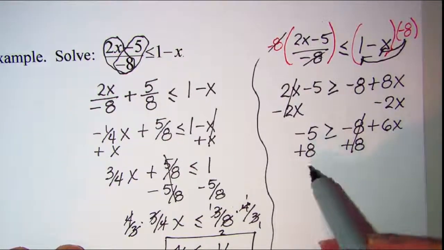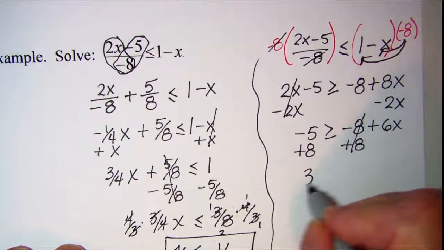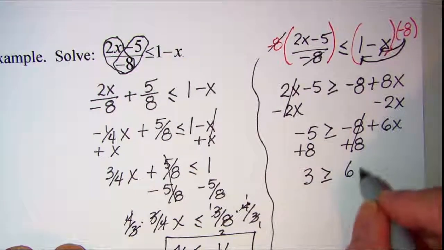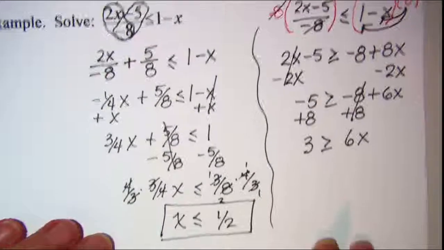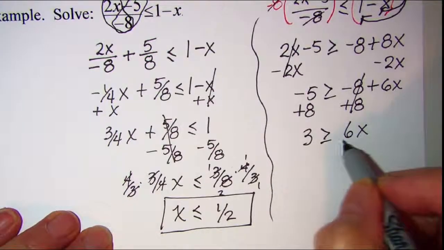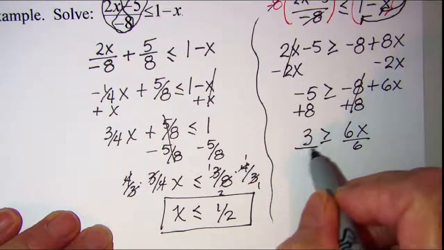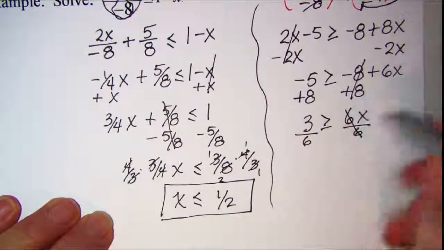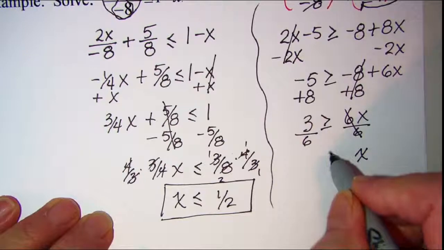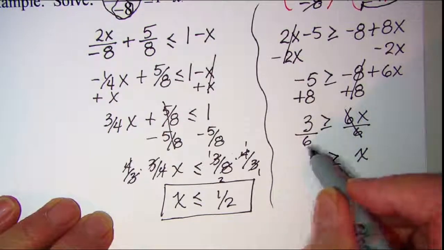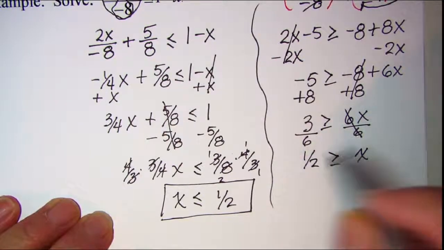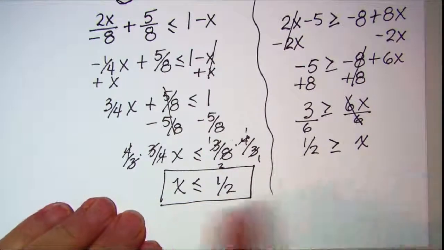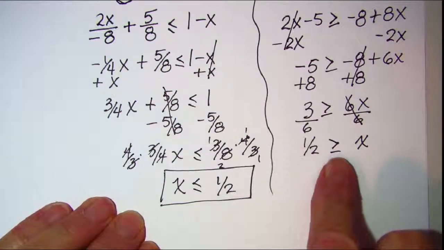A negative 5 and a positive 8 is 3. And then on the right side I have 6x. Divide both sides by 6. 6 over 6 is 1, so I have an x on the right side, and 3 divided by 6 is 1/2. Now to see if these two are the same inequality, I'd like to write my x on the left.